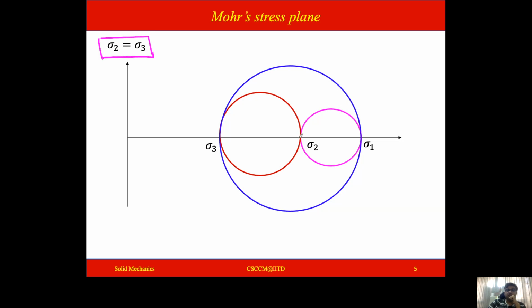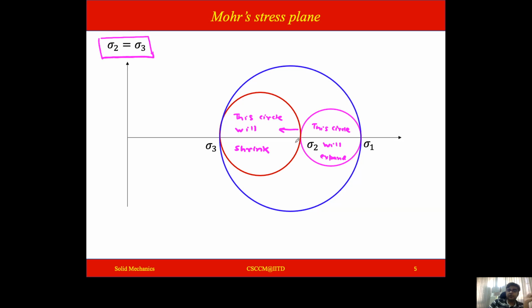See, this sigma 2 is proceeding towards this sigma 3. So this circle will shrink, right? And this side circle will expand.